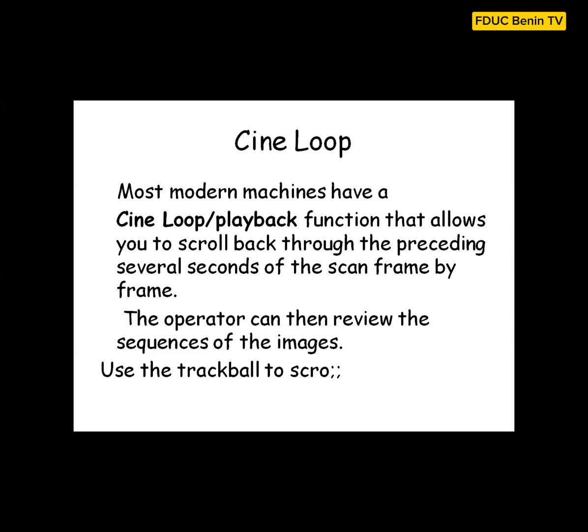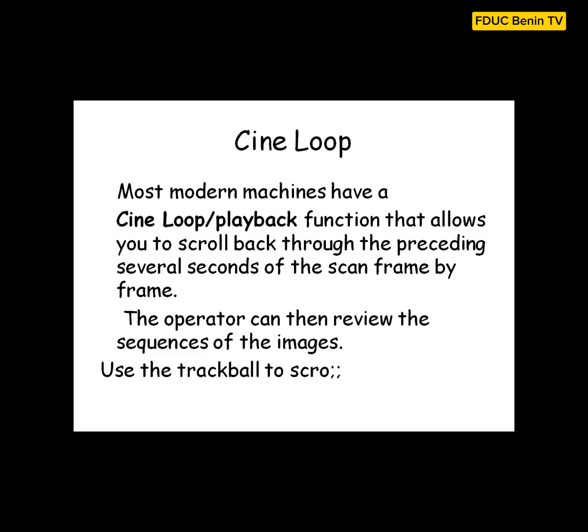You can look at all the images, scroll back, and see them frame by frame. So this cine loop is there on new machines. You can review the images, look at how you got them, and then study them.